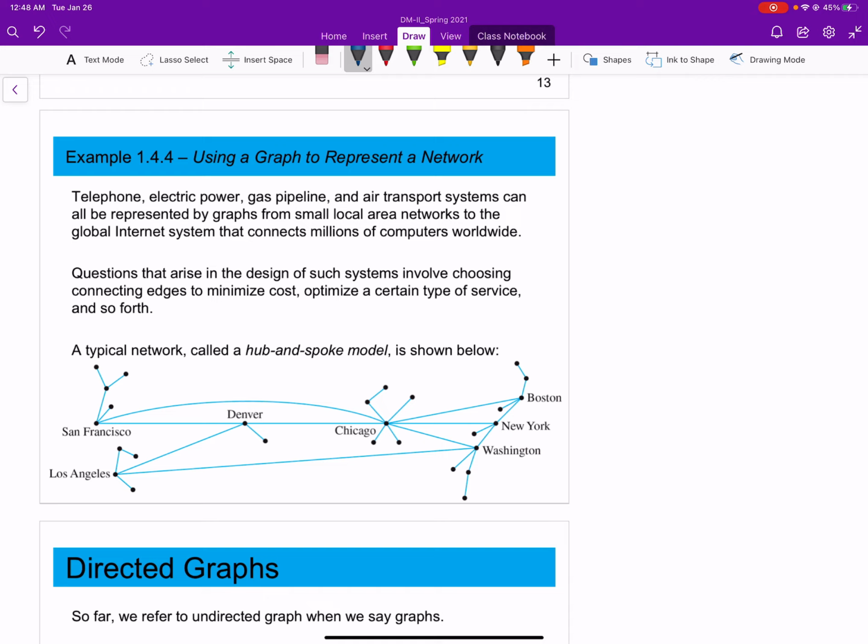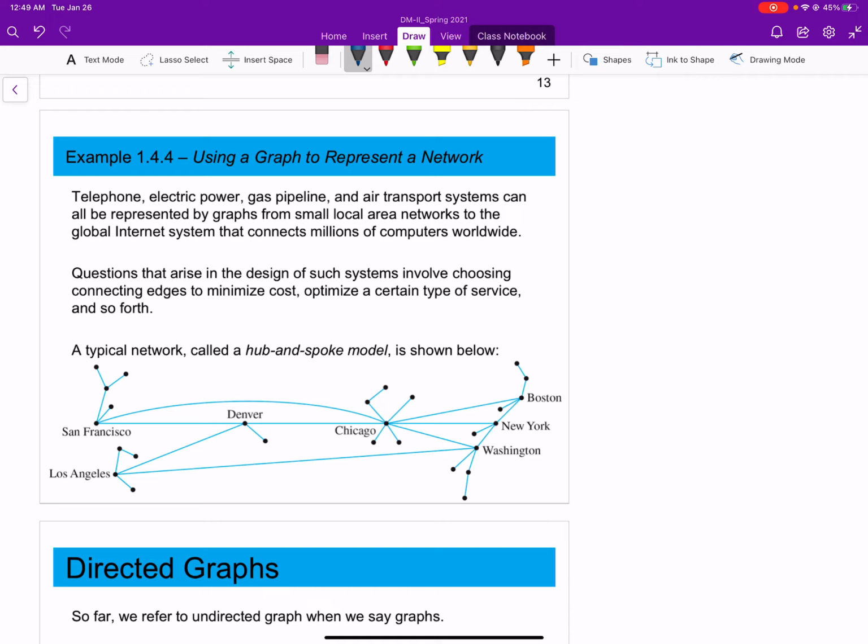All right. As an example, just consider airports and the flights. All the airports can be represented as vertices. If a plane flies from one airport to another airport, then you can connect those two airports by an edge.